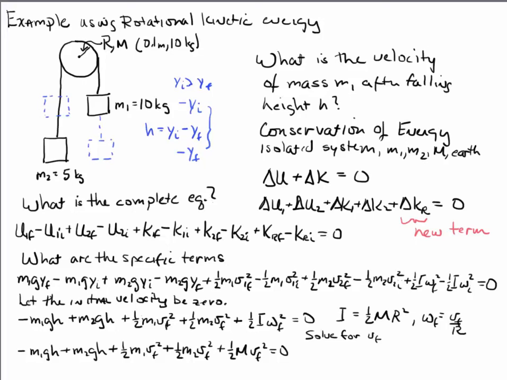Solving for vf, we have that the final velocity squared is 2 times (m1gh minus m2gh) over m1 plus m2 plus 1/2 m. And plugging in the numbers, you can obtain the final answer.